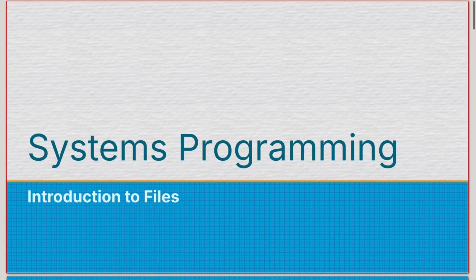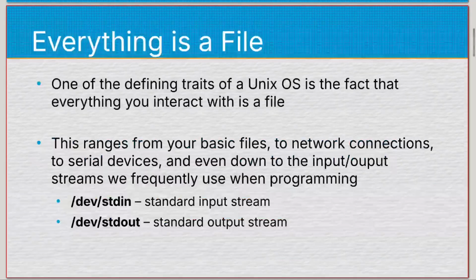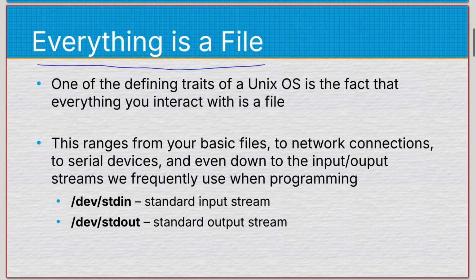Alright, so again, this is just an introduction to files, and one of the most defining traits of a Unix operating system is the idea that everything is a file. That is genuinely one of the most important aspects when it comes to dealing with Unix versus something like Windows.